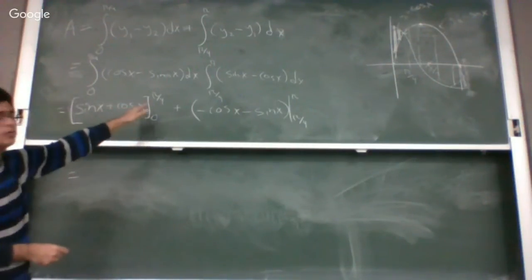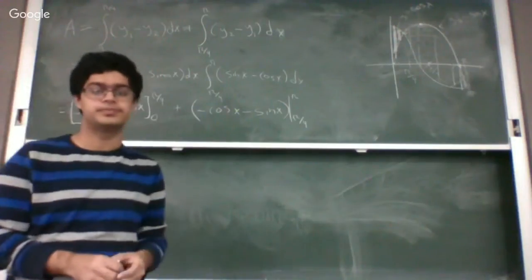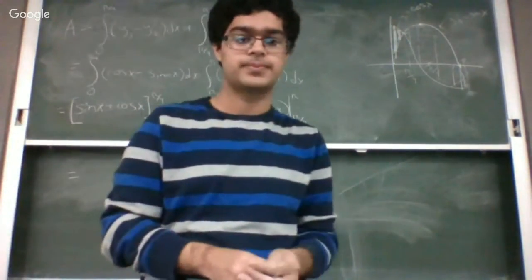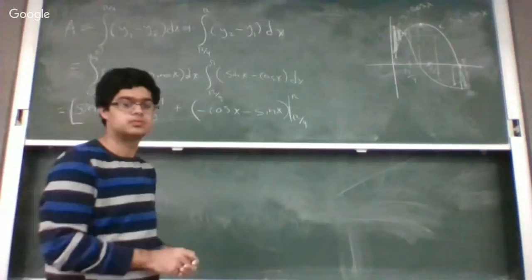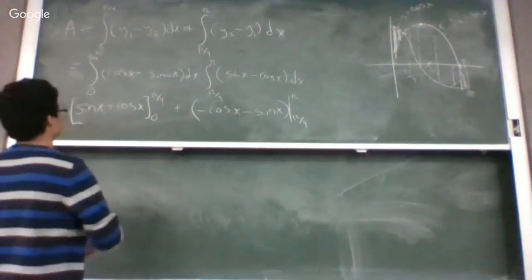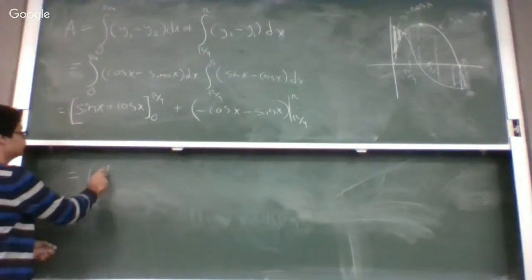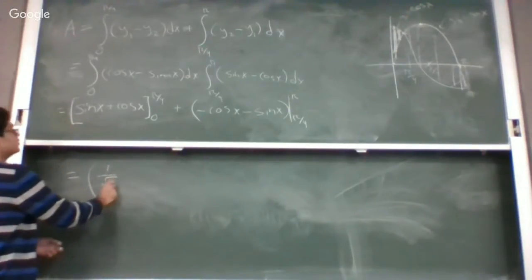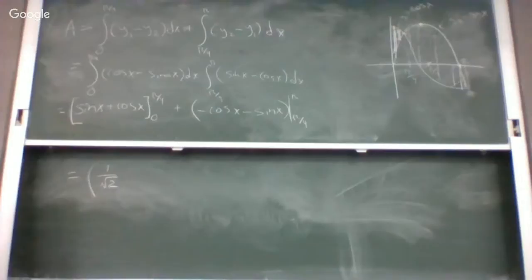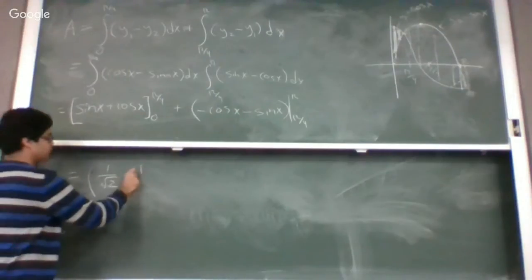Sine of x, what's sine of pi over 4? Yeah, 1 over square root of 2. Okay. What is cosine of pi over 4? 1 over square root of 2.